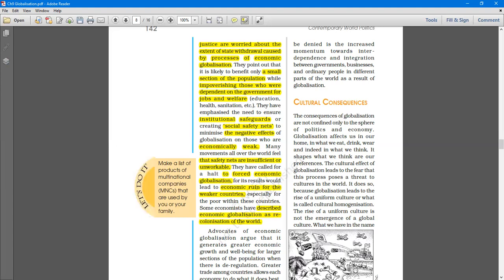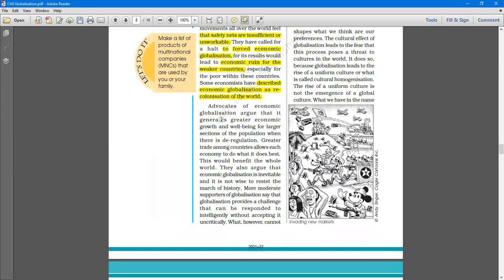With globalization, much of the share is being taken by these big developed countries' companies. So the critics say that it is a kind of recolonization where only the developed countries, or only a few countries, or only a few sections of society are getting much of the benefit.